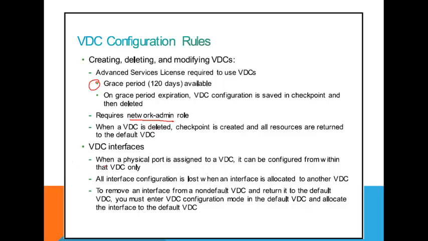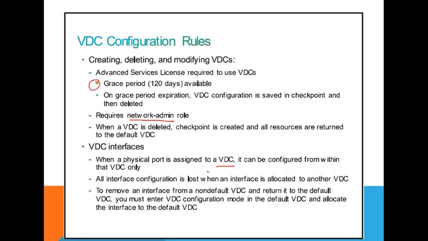So the VDC interface or the physical port that we assign to VDCs is configured from the default VDC only. But giving an IP address, all those things should be configured only by getting inside the VDC. Allocating an interface is done from the default VDC.